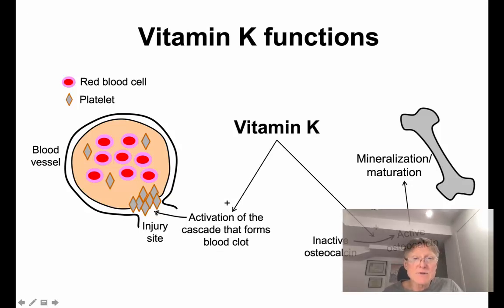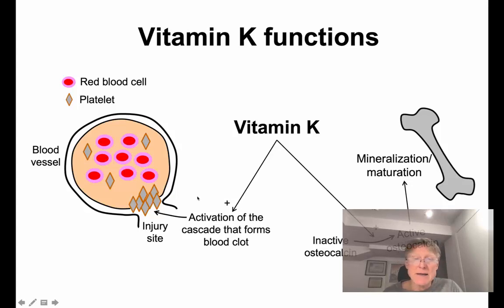So vitamin K is crucial to prevent a bleeding from not stopping. You have the capacity to stop the bleeding because vitamin K is an important activator of the entire cascade of events that lead to formation of this blood clot.